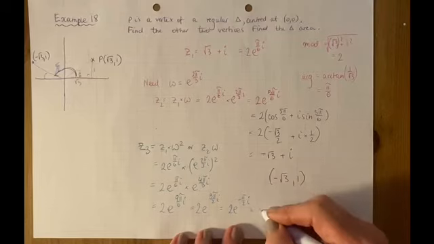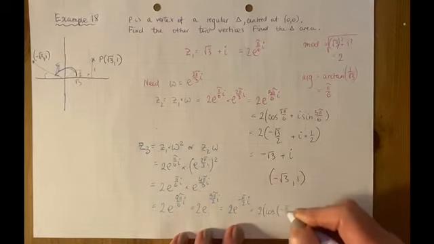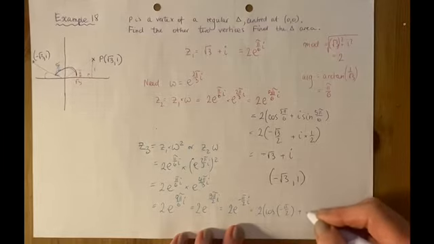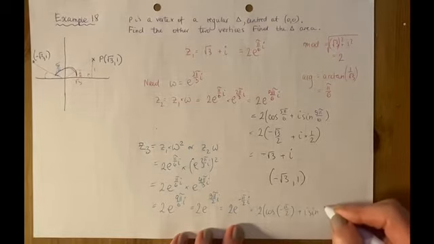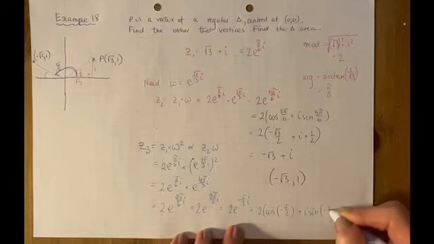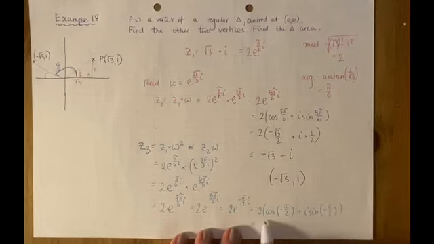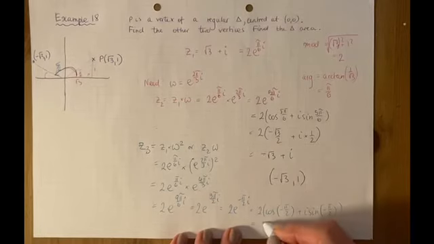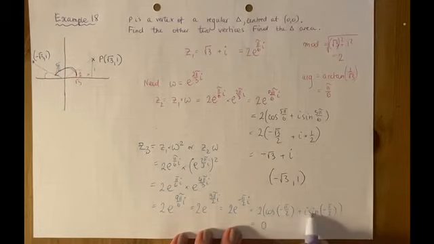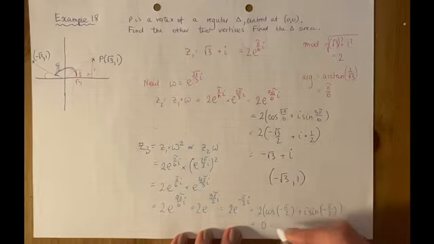Substitute it into the trigonometric form, which you could have done by using the other argument. It doesn't matter. Any argument that takes you to that position is fine. So cos is equal to 0, and it's 2 times sine is going to be minus 1, so it's minus 2i.